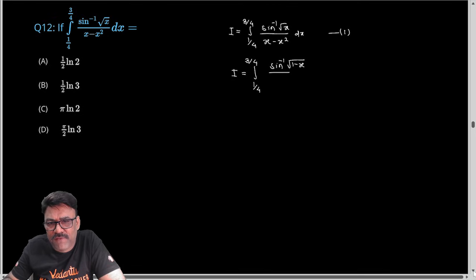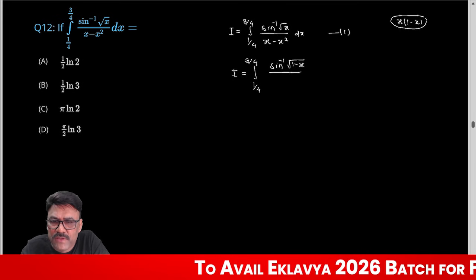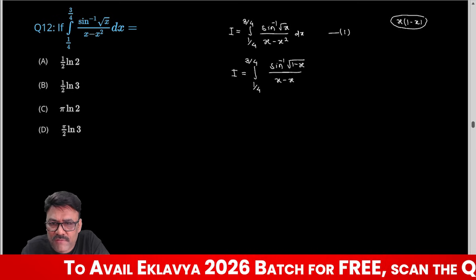And if you replace x with 1 minus x, the denominator, which is x minus x square, nothing but x into 1 minus x, will remain as it is.